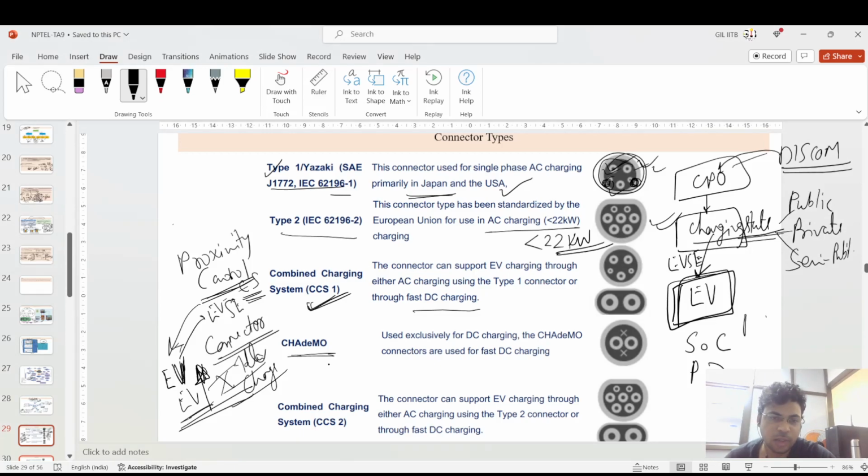CHAdeMO, if you remember when the Japan tsunami came, at that time their grid infrastructure collapsed for a certain reason. So what happened is they used this CHAdeMO charger, which has vehicle to grid technology and vehicle to home technology.